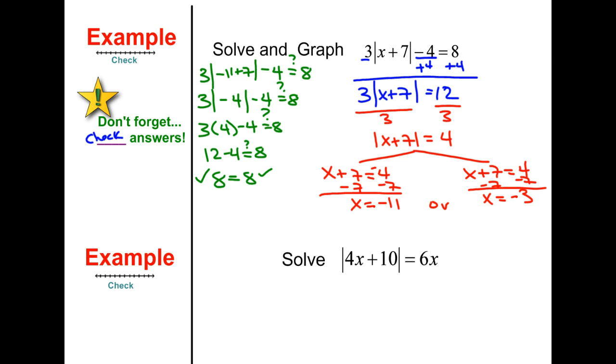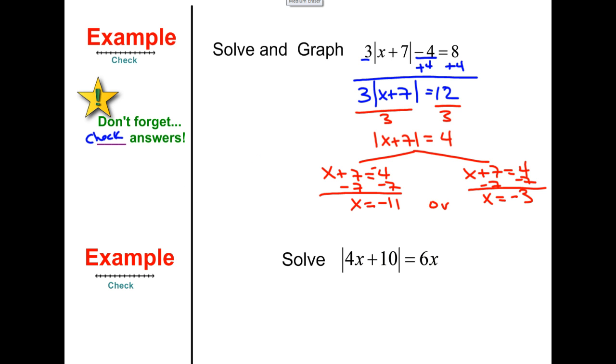Let's check the other one. So instead of negative 11, I'm going to check and make sure the other piece works with negative 3. So 3 times the absolute value of negative 3 plus 7, minus 4 equals 8, question mark.